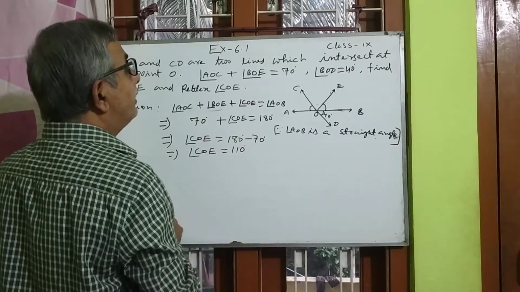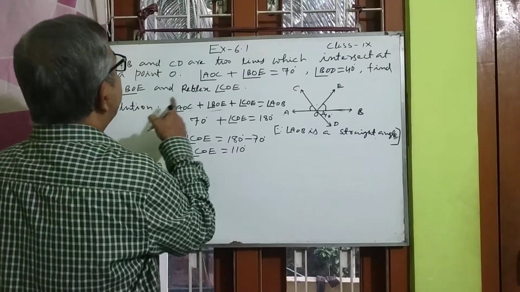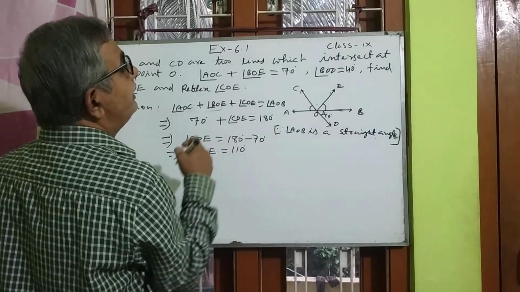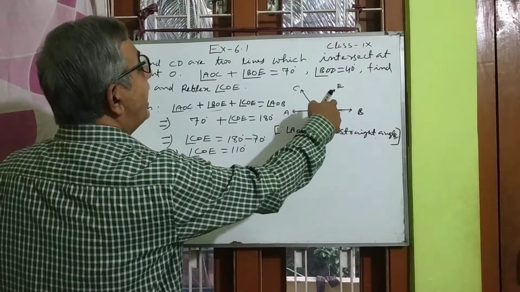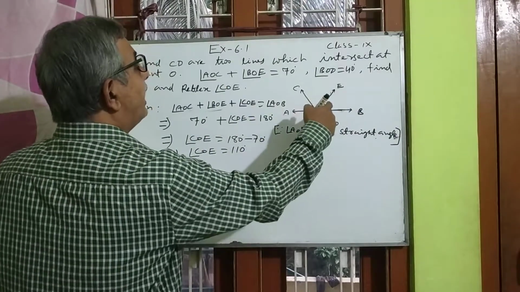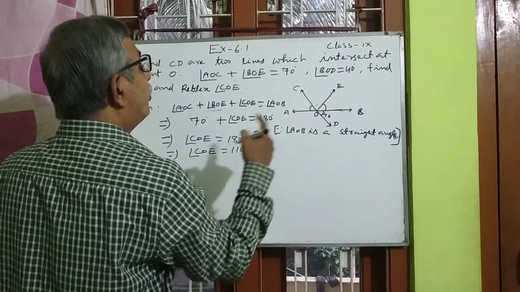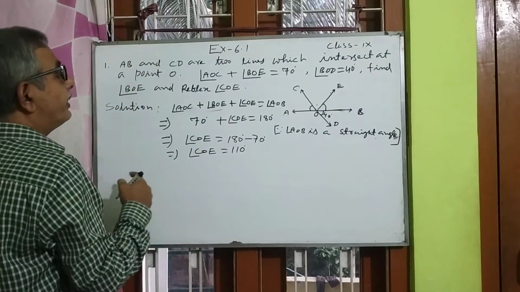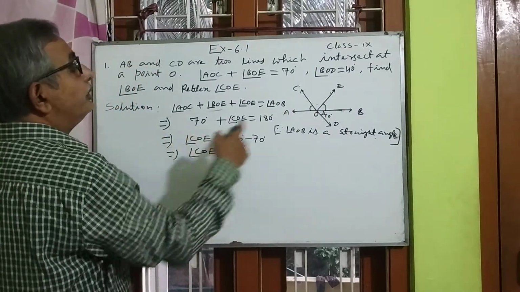Now you tell what are the things you have to find out. BOE you have to find out, means this angle you have to find out. How can you find out this angle BOE? Now COE you got.